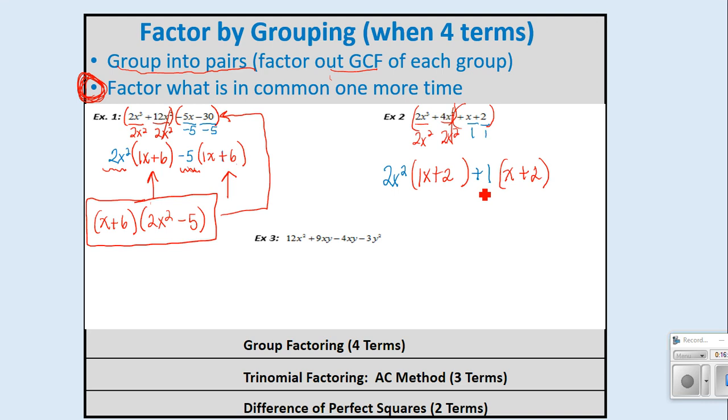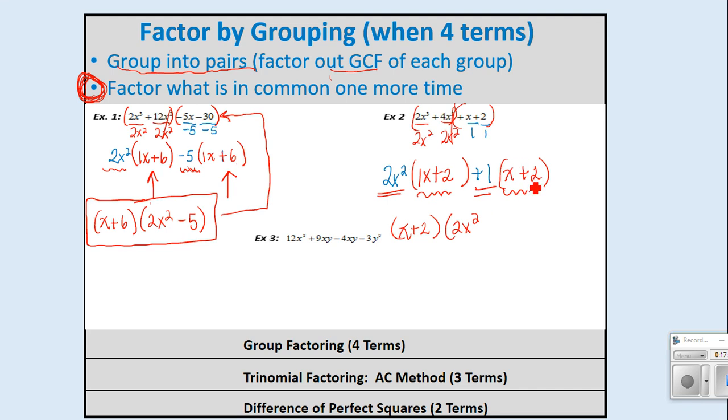Okay? Now, what do these two factors have in common? Well, they're the same. So all right, the 2x squared has an x plus 2 in common with the 1. So if I take out the x plus 2 here, what's left over? 2x squared.